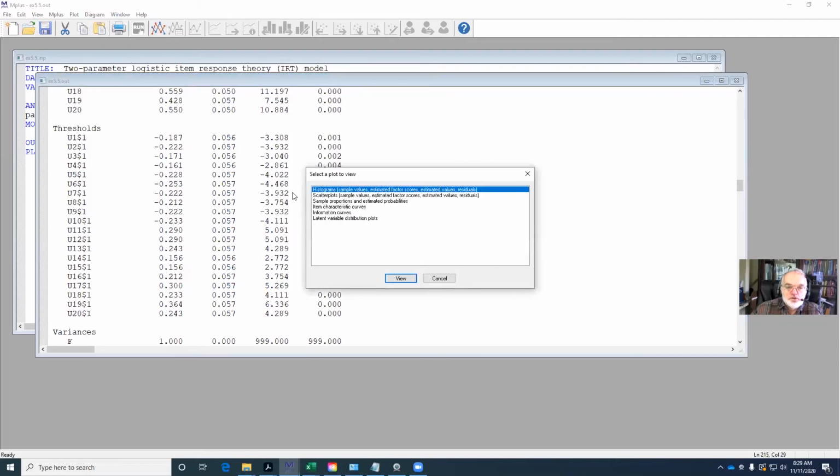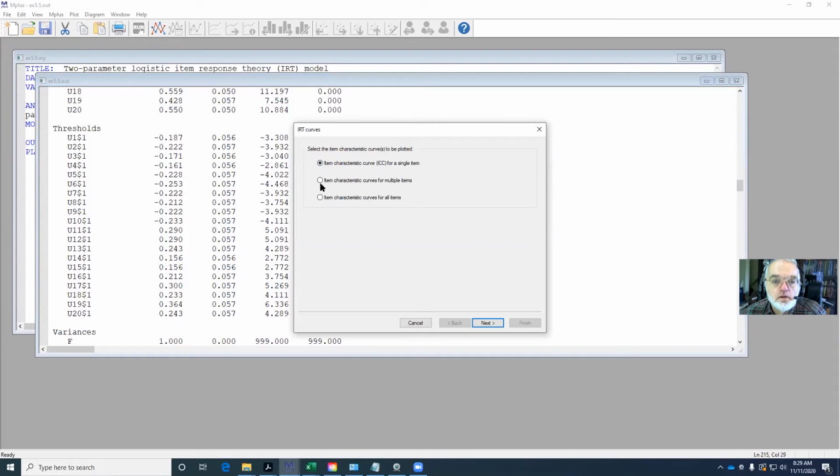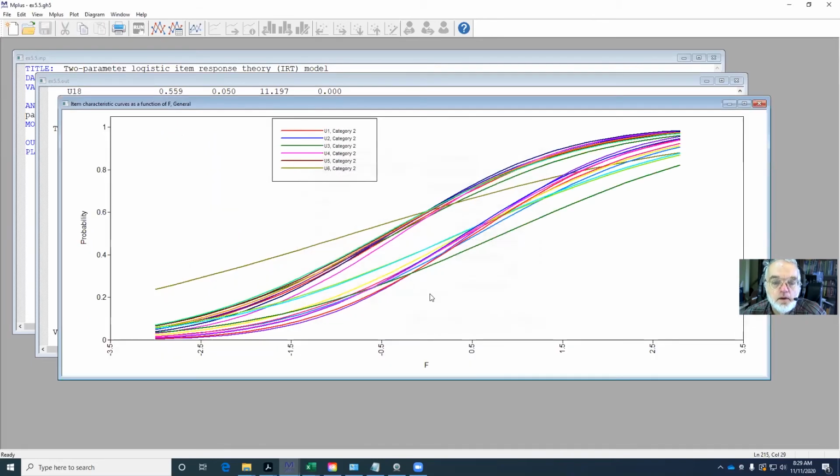Let's take a look at some pictures because I think those are going to make things a little bit easier. And let's look at item characteristic curves for all of these things. Here we see a line graph of the relationship between the latent variable f and the probability of answering the question correctly.